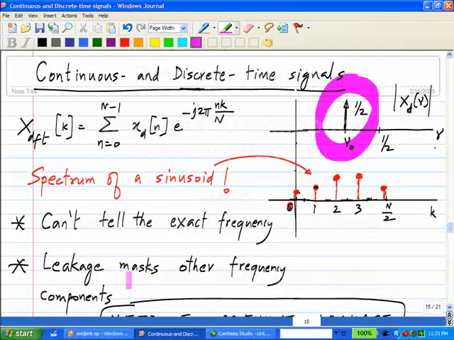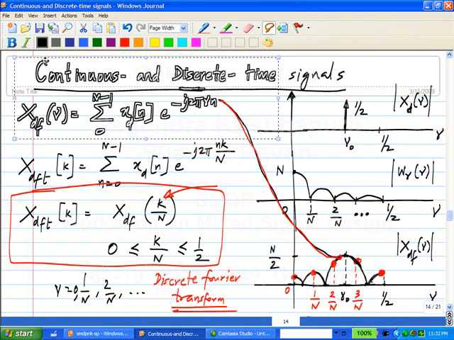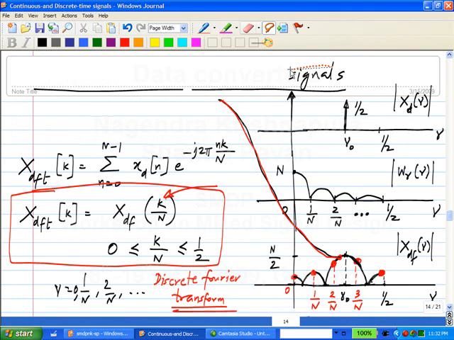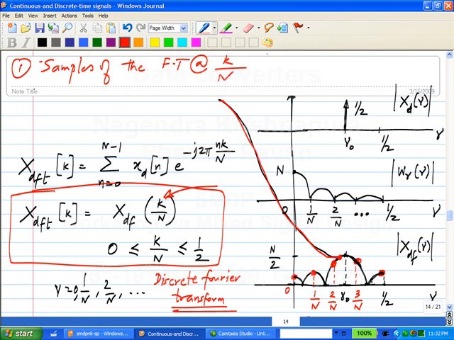What can you do? By looking at these pictures, there are two key points here. I will just write it somewhere here. So the first point was that I take the samples of the Fourier transform at k by n, 0, 1 by n, 2 by n and so on.